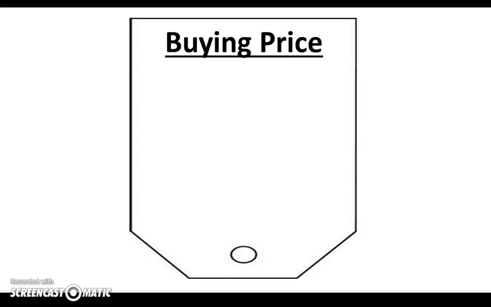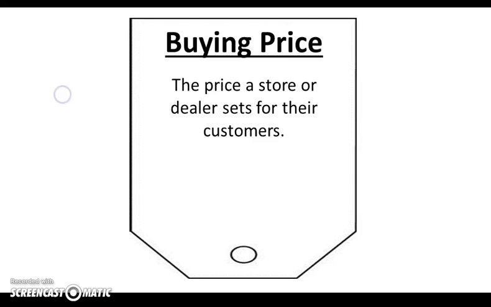Find the place on there that says buying price, and here is the definition for buying price. It's what you buy it for, the price you pay. Buying price does not include taxes. They will be added later.